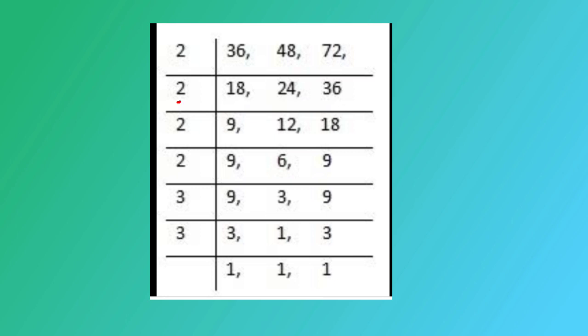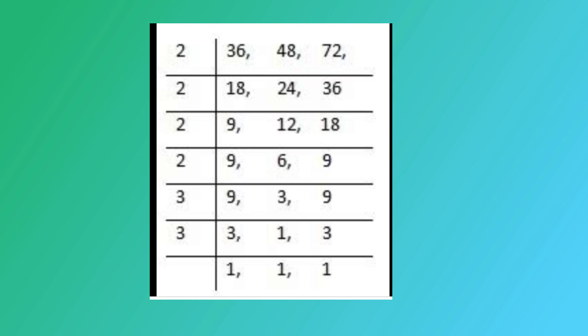Again it is divisible by 2 and it becomes 9, 12 and 18. Again by 2. But now as you can see 9 is not divisible by 2, so we will write it as it is. We will write 9 as it is below, with no change.